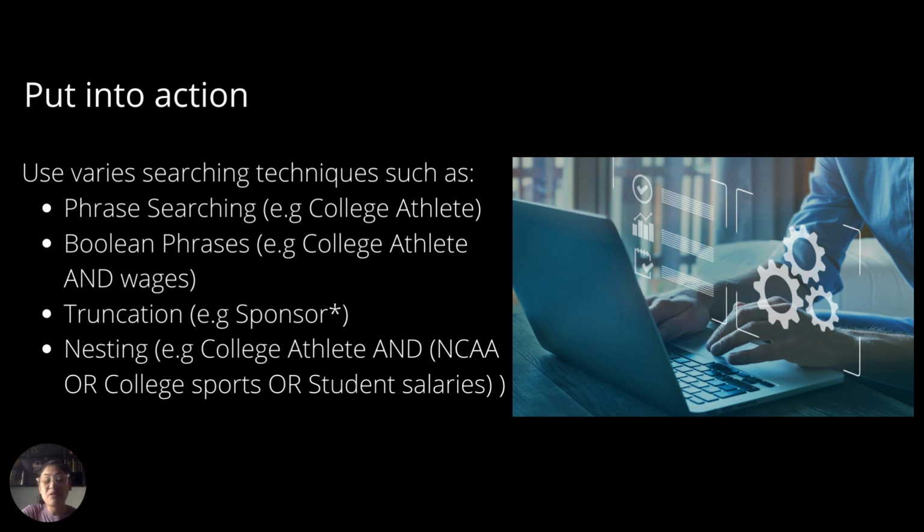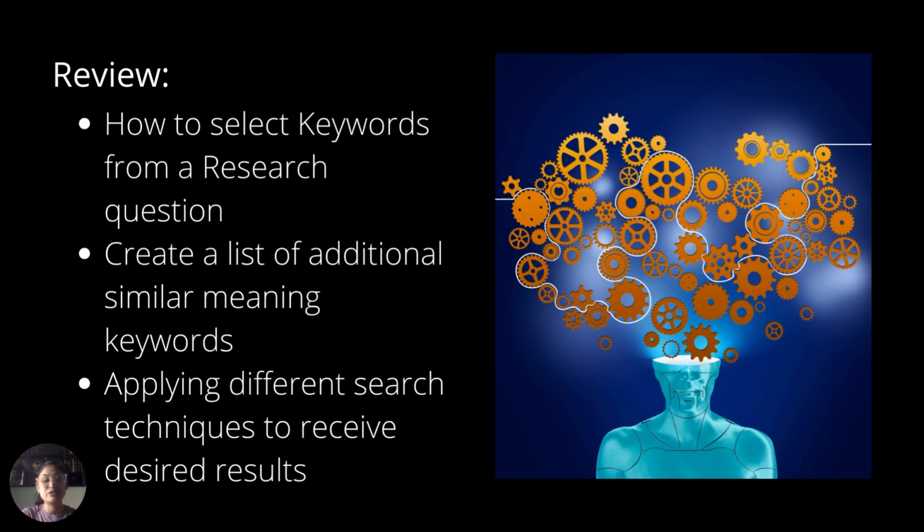So that's how we would apply our keywords, and that's how we would find sources using a research question. Just to wrap it up, after watching this segment, we were able to figure out how to select keywords from our research question, how to create additional keywords with similar meaning, and also how to apply those terms by using different searching techniques.